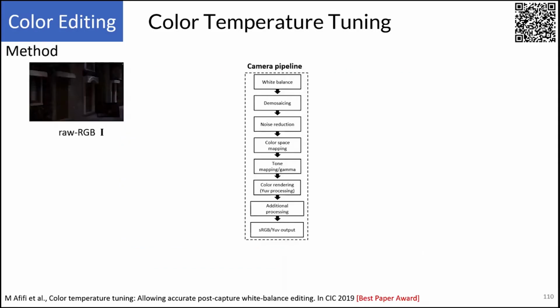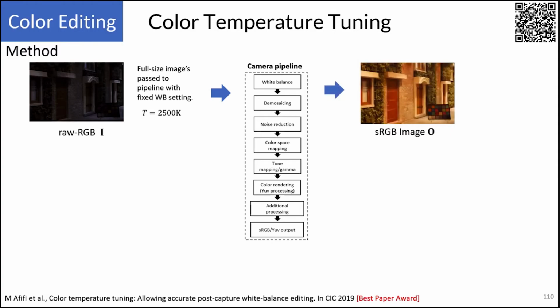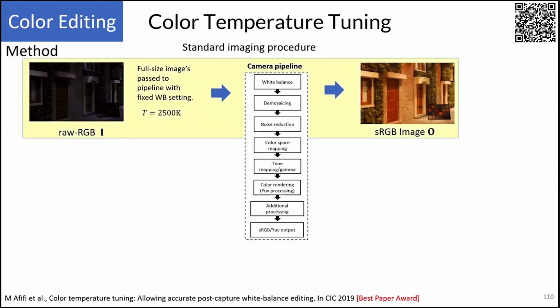So recall that for the standard camera ISP, we start with some raw image and the color temperature that is either selected by the user or suggested by the auto-white balance algorithm. And we go through the camera pipeline standard processes to get the final sRGB. This is the standard camera ISP.